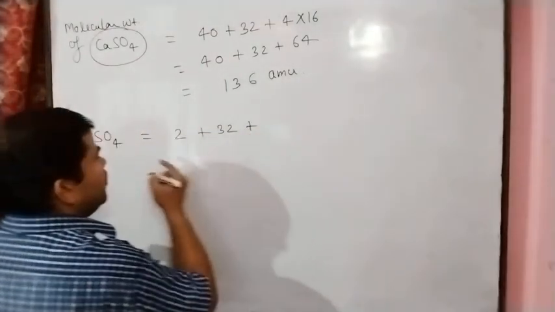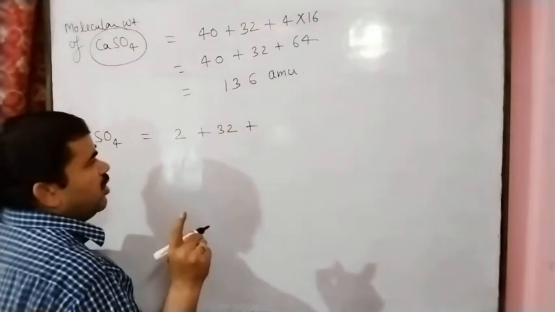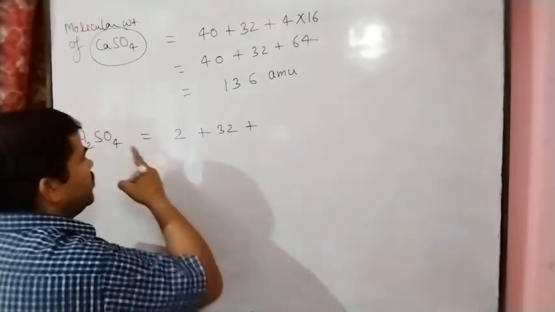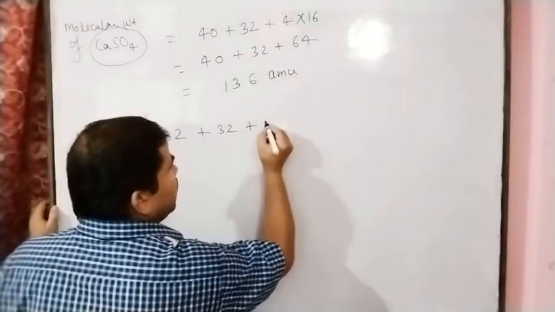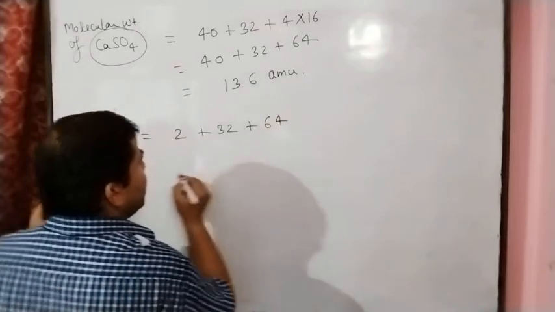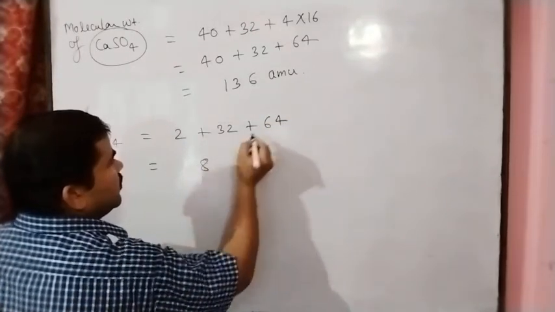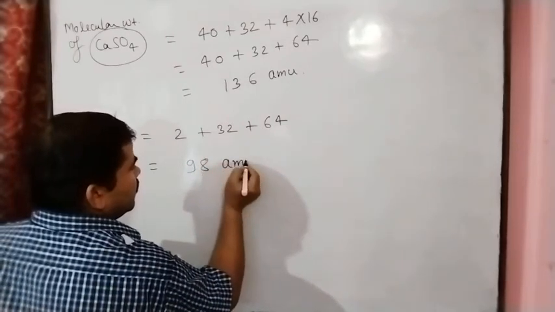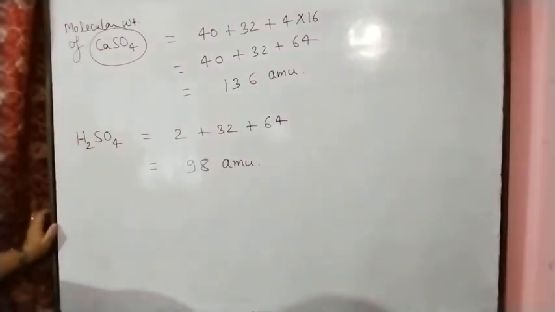And oxygen here 4 atoms, so 4 into 16, one oxygen atomic mass 16. So 4 into 16 means 64. In this way we get 98. This is H2SO4.